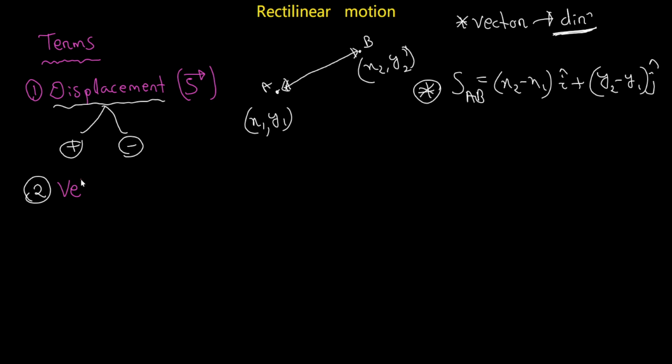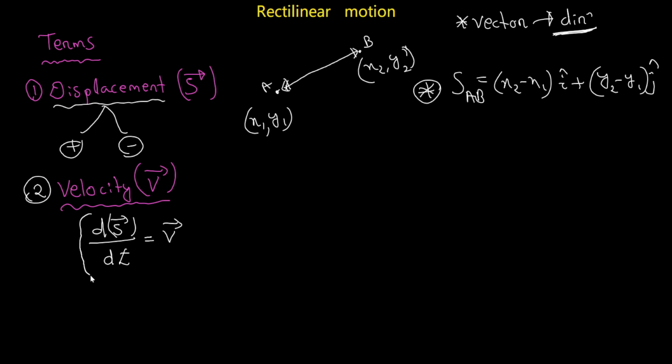velocity. Velocity vector is represented as v vector. What is velocity? Simply saying, the velocity vector is nothing but the rate of change of displacement. The rate of change of displacement with respect to time is called velocity vector. Everything I'm writing is in terms of vector. If you want to remove this vector, you have to consider a particular direction.